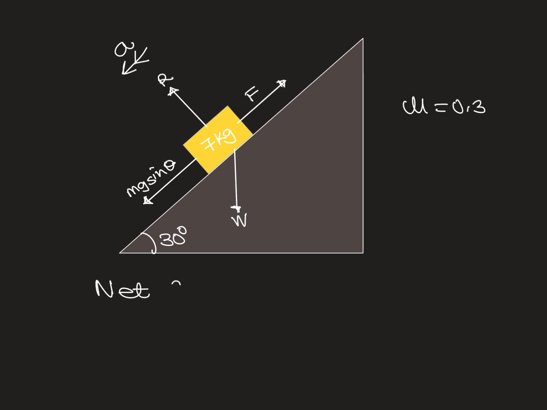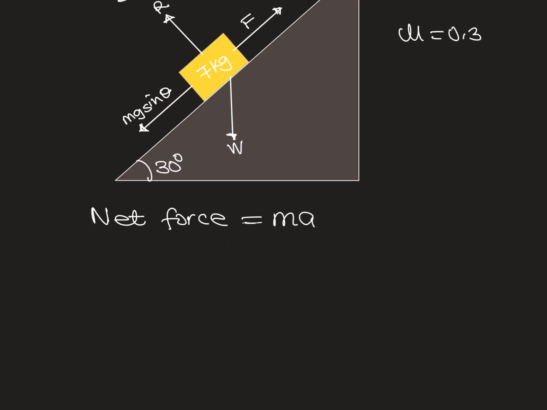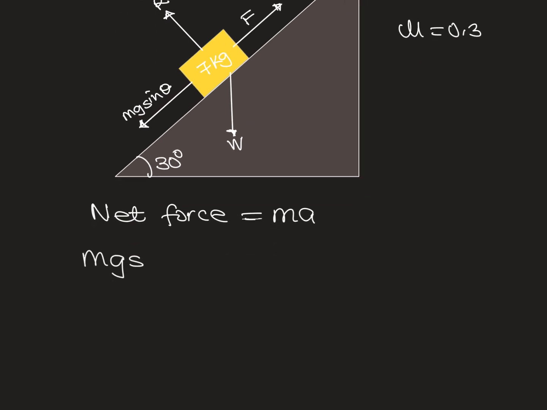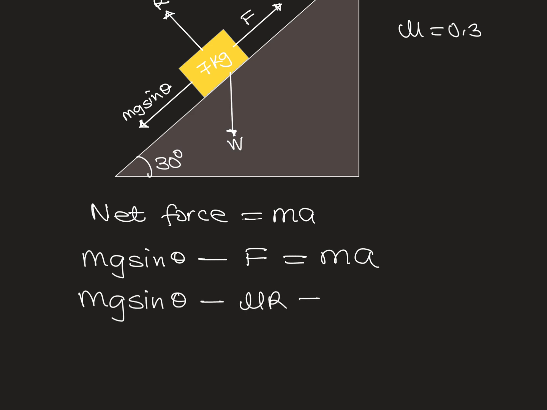We can say net force is equal to ma. That is to say mg sine theta minus the frictional force is equal to ma. So that will be mg sine theta minus the friction, which is mu R, equal to ma.